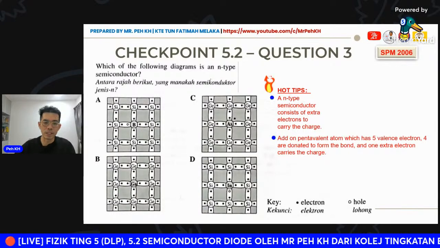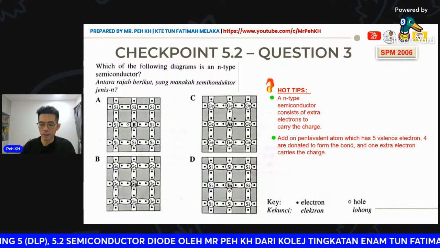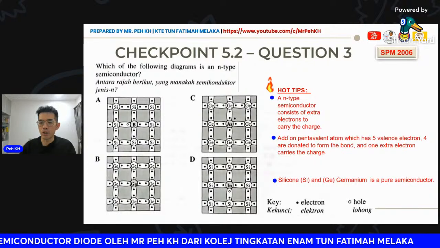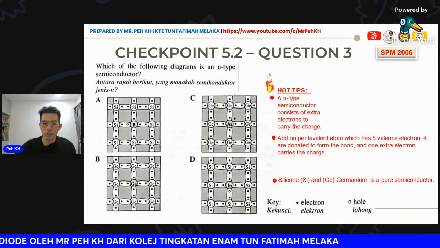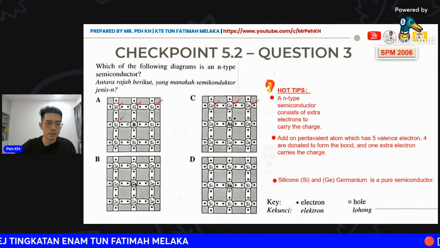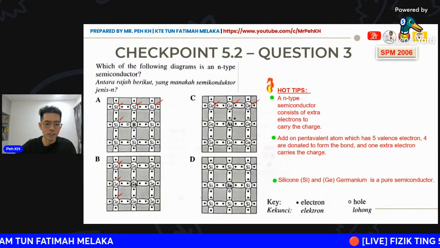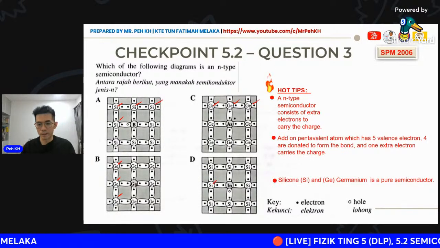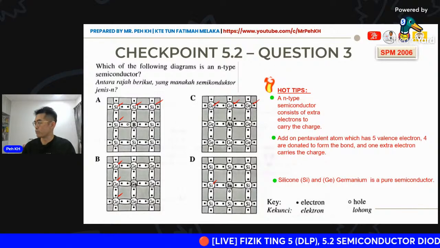So here can be silicon or germanium. Okay, so here silicon or germanium is a pure semiconductor. So you can see all the options here. We have the major atom of Si and Ge, actually referring to silicon and germanium.